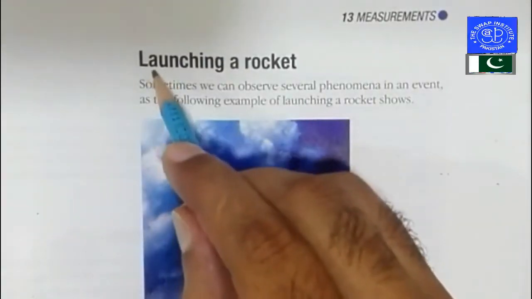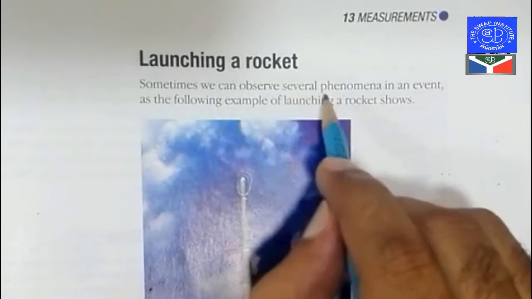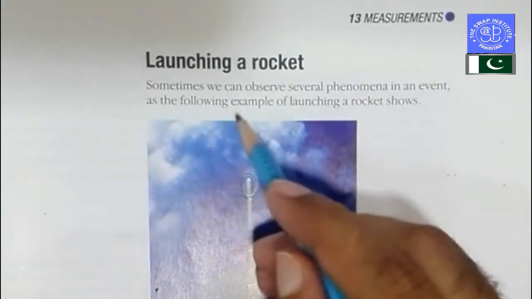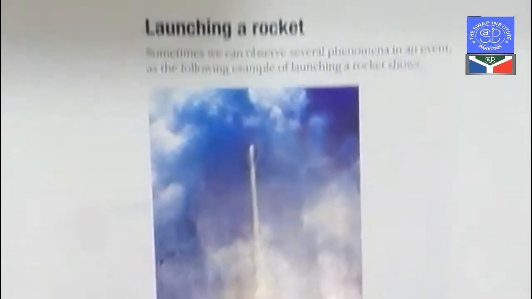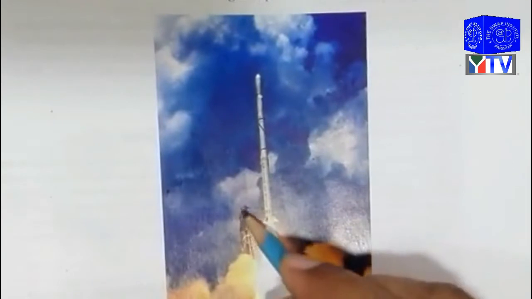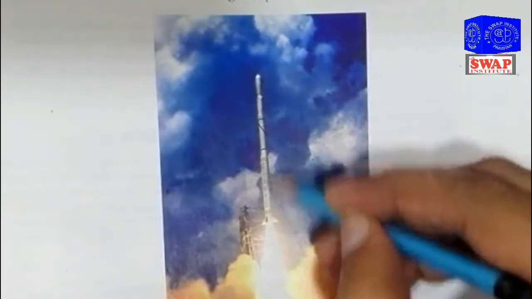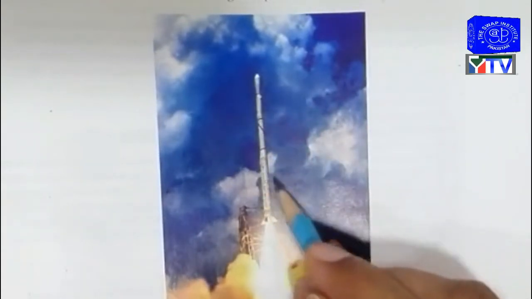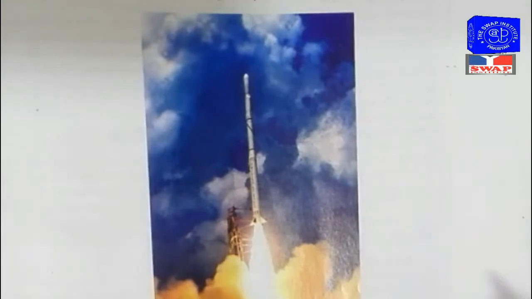Now I am going to discuss the launching of a rocket. Sometimes we can observe several phenomena in an event, as the following example of launching a rocket shows. Basically, in this figure, this is the launch pad and this is the rocket having different stages, and every stage has its own fuel tanks and engines.